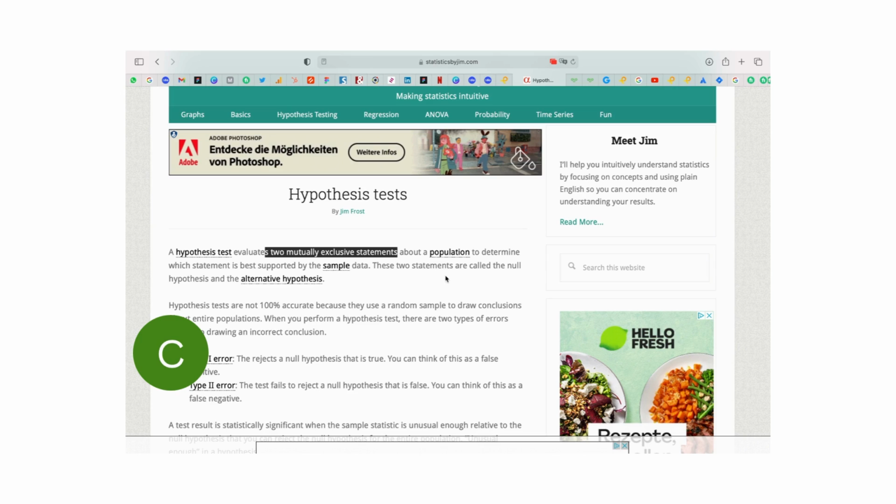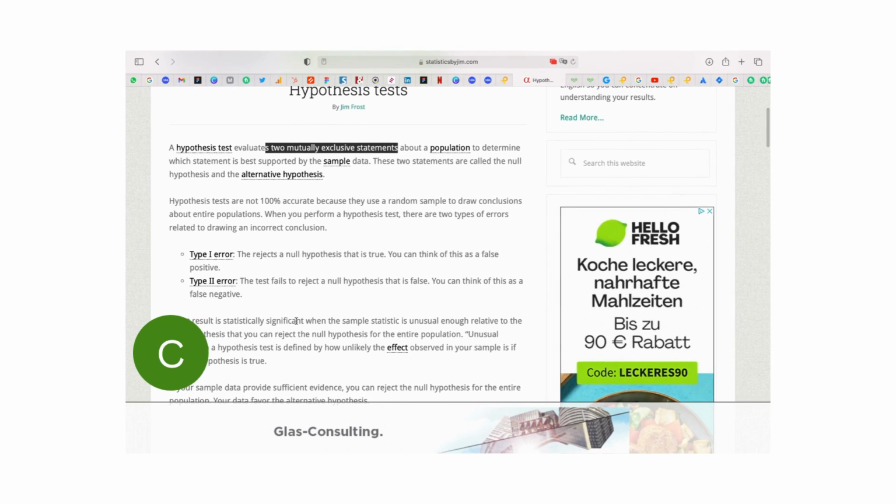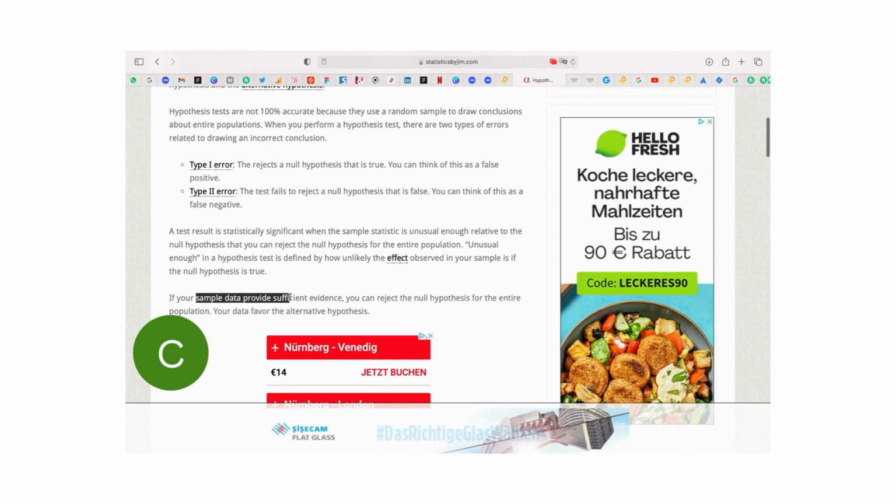So by default, the null hypothesis statement is taken to be true, and the alternate hypothesis is something we have to gather evidence for from the sample data. All right, the sample data should provide you evidence. There are lots of hypothesis tests, for example the t-test and ANOVA, and there are many more.